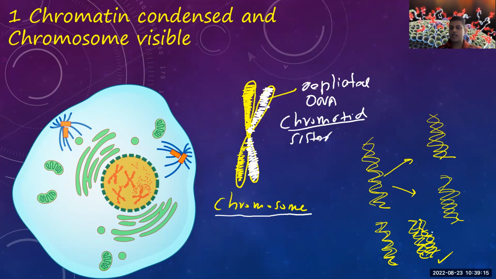So how exactly are they attached? They are very tightly attached in the middle region like this, and the attachment in this middle region is called the centromere. The centromere is the attachment of two sister chromatids.